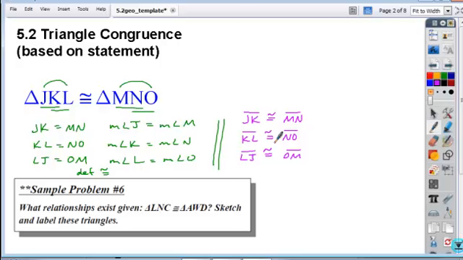Same with the angles. If you don't show their measures are equal, you could also show that the physical angles themselves are congruent. So angle J, angle K, and angle L are congruent to angles M, N, and O. Once again, you would justify any one of these statements by using definition of congruence.